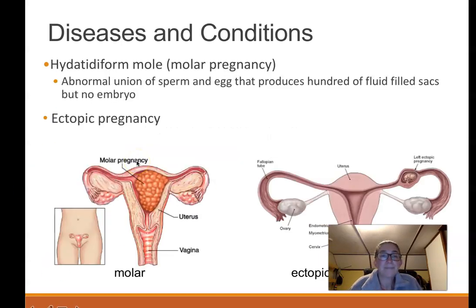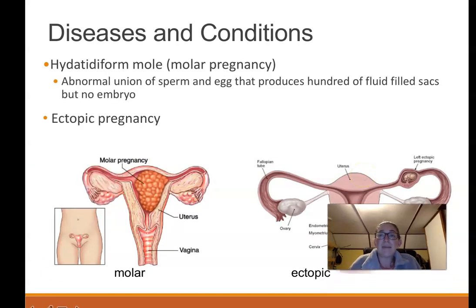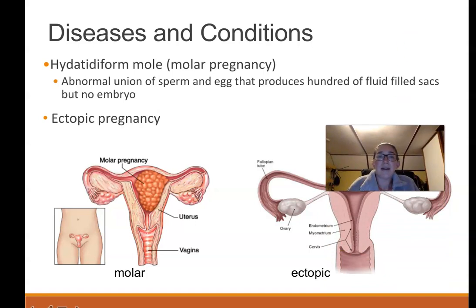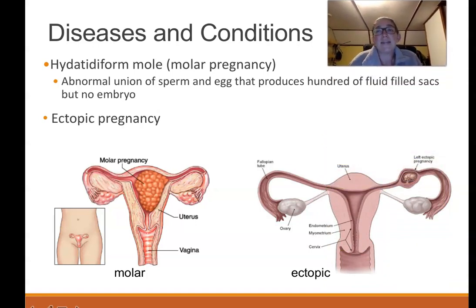So some other diseases and conditions. Hydatiform mole or a molar pregnancy is a type of, it's really not a pregnancy. So what happens in a molar pregnancy is the egg and the sperm meet and fertilize, but then the cells don't divide properly.